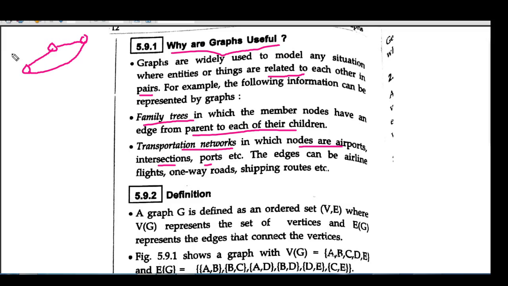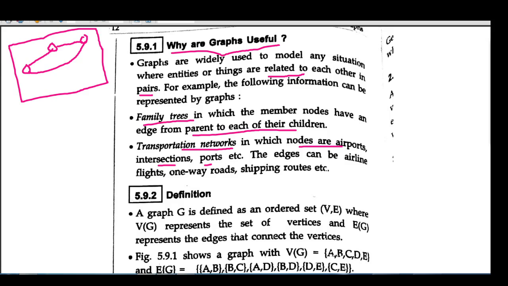So this particular thing has a different shape or relation, and that relation is in pairs, and hence it can be represented in the form of a graph. So this is the reason why graphs are useful.